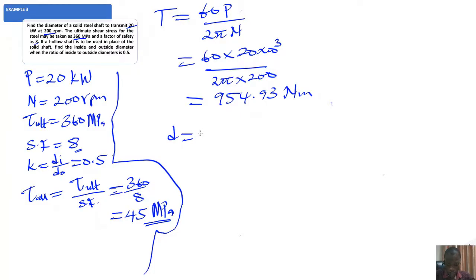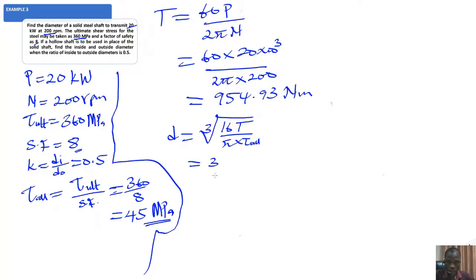Then after that, we can determine the diameter, and we already know that the diameter for the solid shaft is equal to the cubic root of 16T divided by pi times the shear stress tau, and in this case it is the tau allowable. So that is our allowable shear stress here. Let's substitute the values inside and compute.